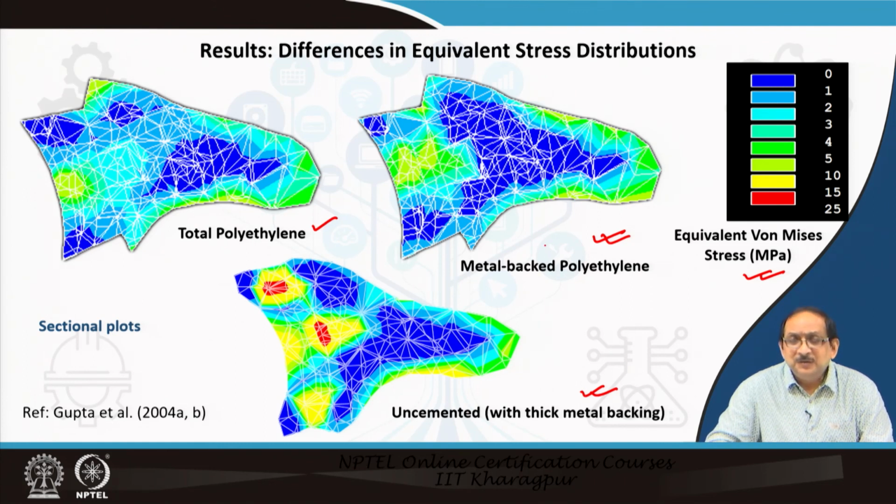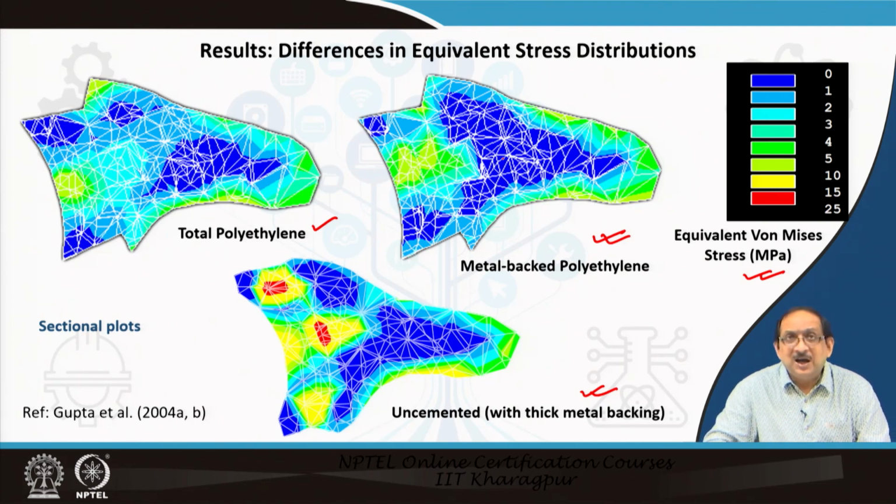In comparison, if we look at the stress distribution in the metal backed design, we see that due to the presence of the rigid metal backing, some amount of stress shielding is generated. So, the stresses are generated more within the implant, leaving the underlying bone to a low level of stress as compared to the total polyethylene design.